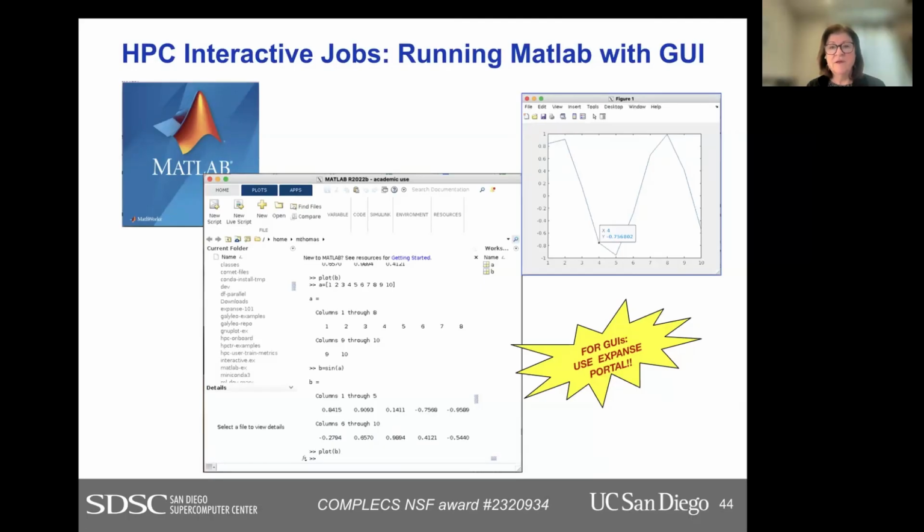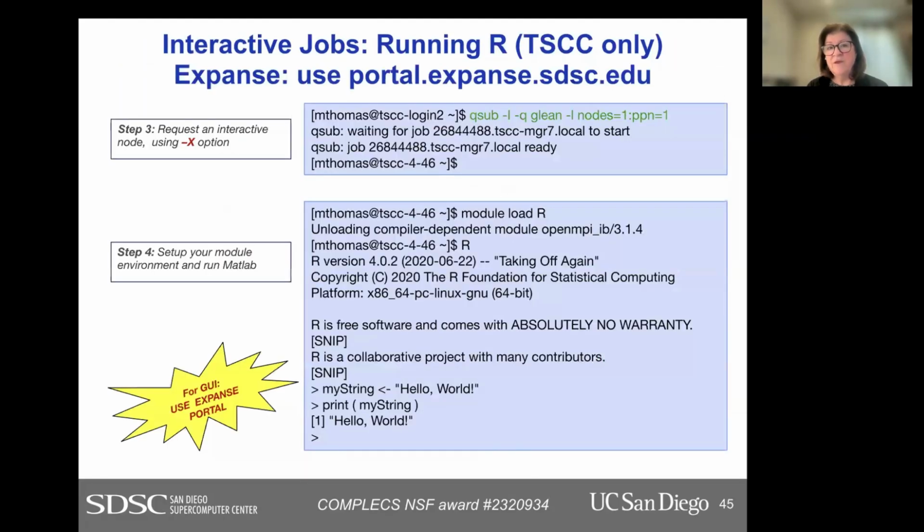Running a visual application like MATLAB or R through the connections that have to go from the interactive node back to you on your laptop is very, very slow. I put this in here to show you that you can, but why would you want to? It's so complicated. With the portal, they've done a lot of work fixing the back end so it's a strong, consistent, secure connection, and MATLAB runs for you.